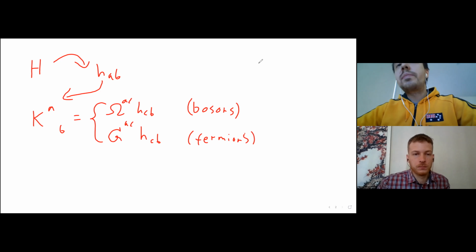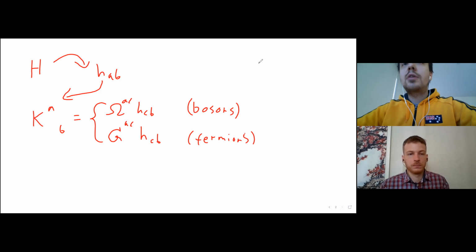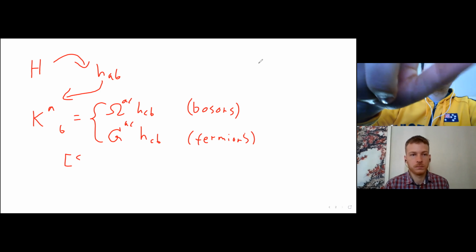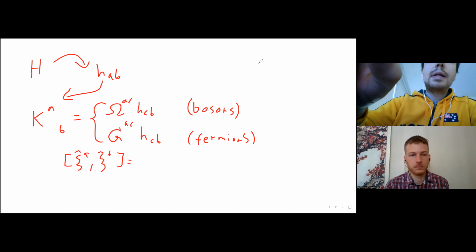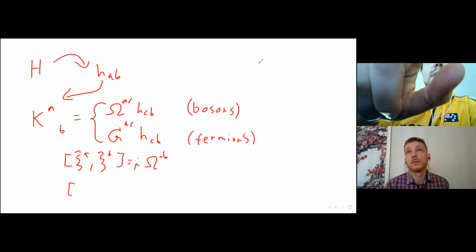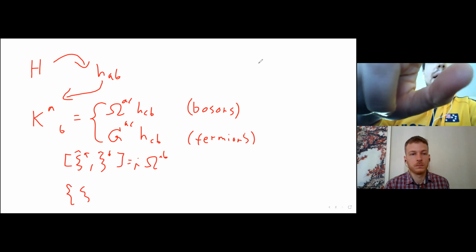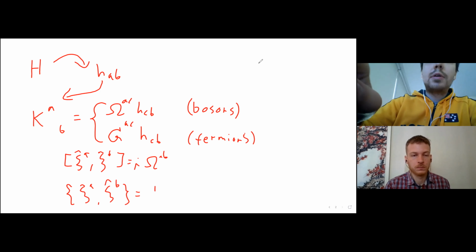That omega was the symplectic form and G was the metric. Omega governs the commutation relations of the bosonic system, and G_AC governs the anticommutation relations. So we have for bosons [psi_A, psi_B] equal to i omega_AB, while for fermions we have {psi_A, psi_B} being equal to G_AB.